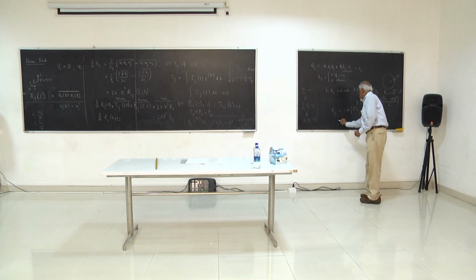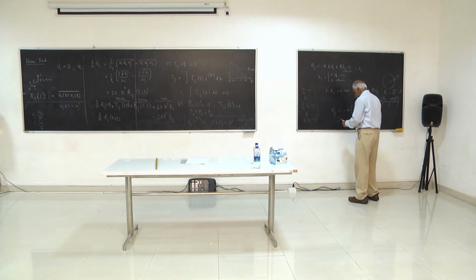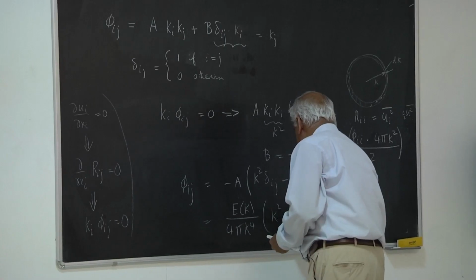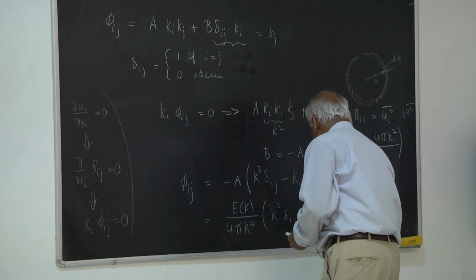So you put it here instead of A, and I have the representation that phi ij is equal to E of k over 4 pi k to the power 4 times (k squared delta ij minus ki kj).